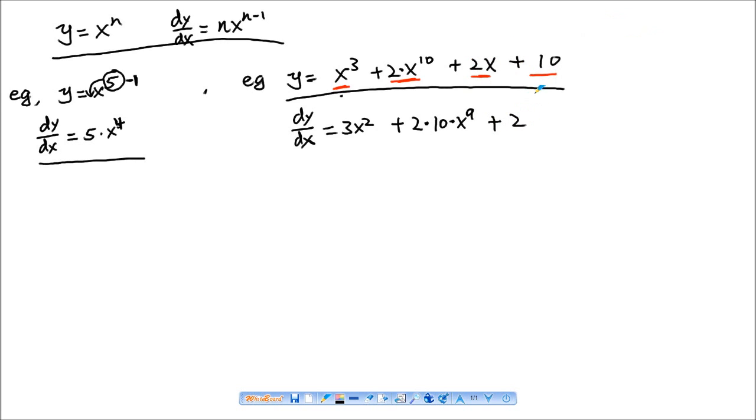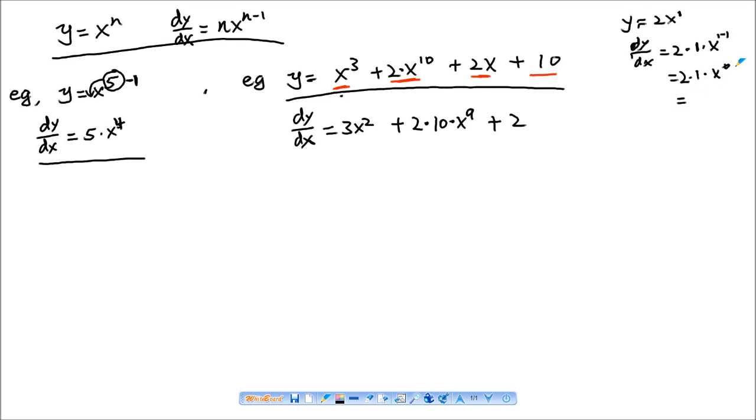The differentiation of 2x is 2, because say if y equals 2x, dy/dx will be 2 times x power 1. We move the 1 in front, and times x power of 1 minus 1, which is 0, and I will have 2 times 1 times x power of 0.